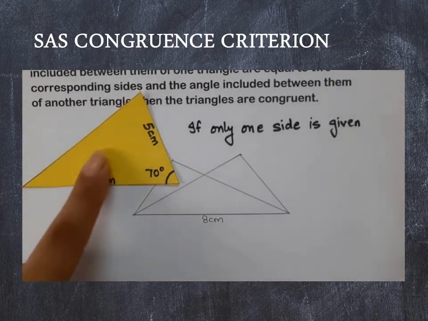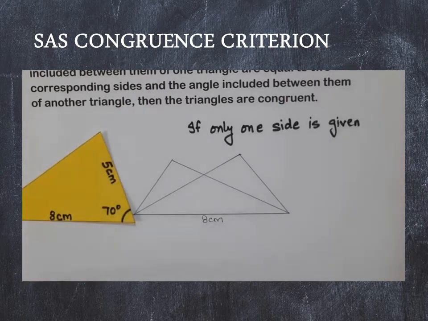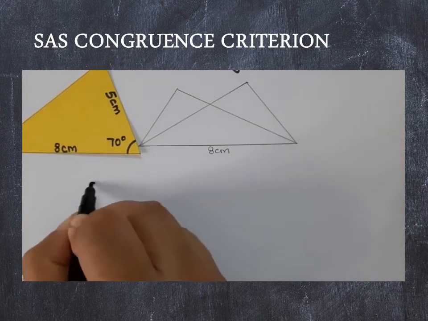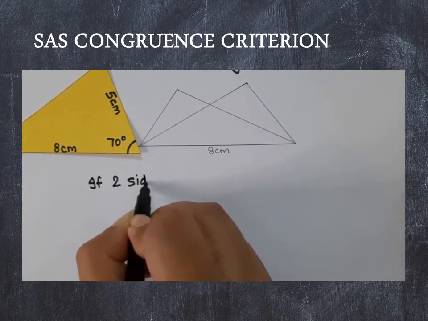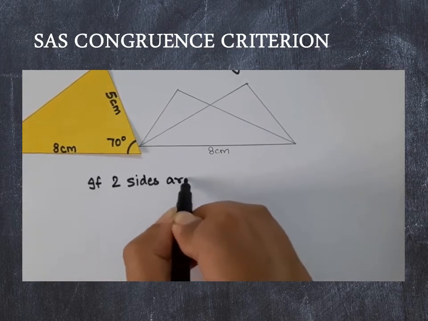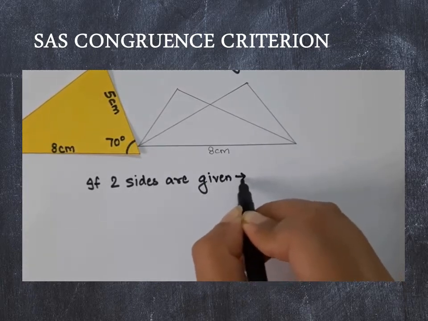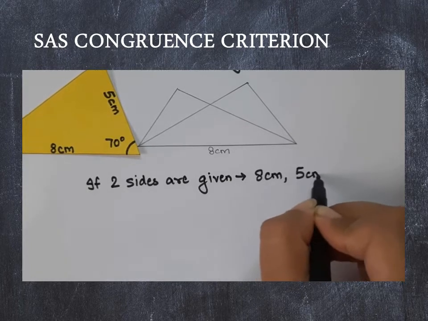Next, let's see if 8 centimeter and 5 centimeter, the two sides, are given to us, but the angle is still not given. So in the other case, that is 8 centimeter and 5 centimeter.